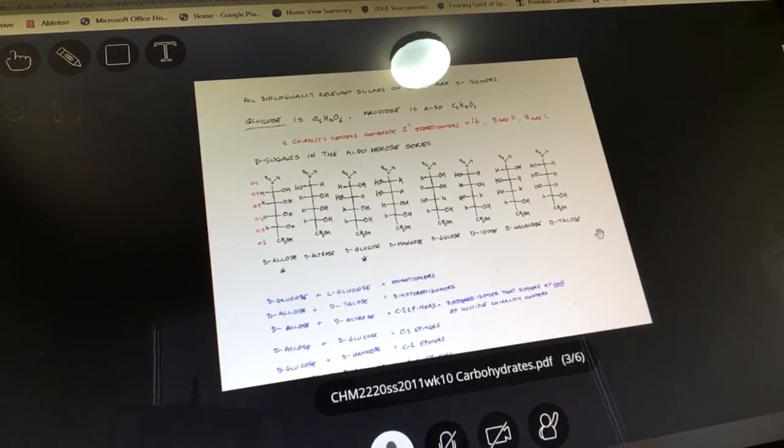Okay, next page. Glucose, C6H12O6, is by far and away the most important sugar. But it shares that formula, C6H12O6, with another very important sugar called fructose.